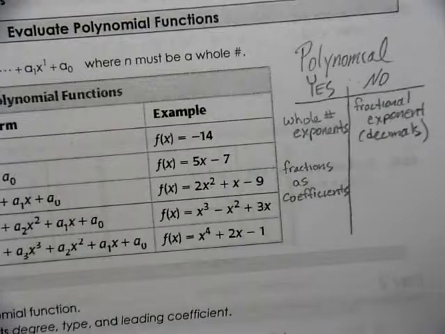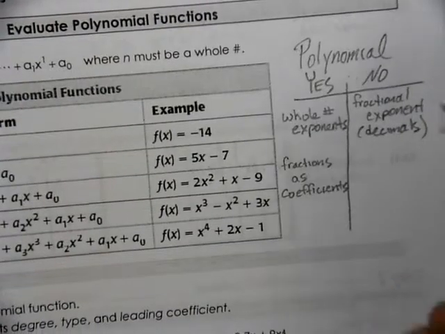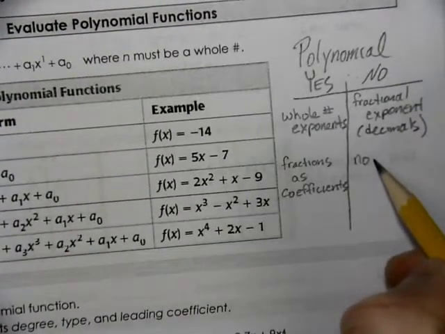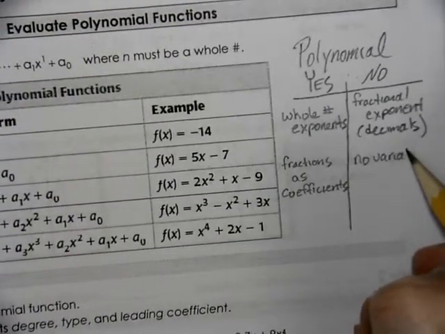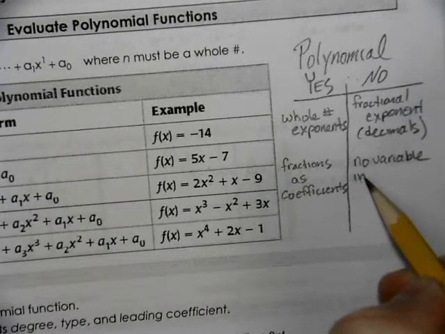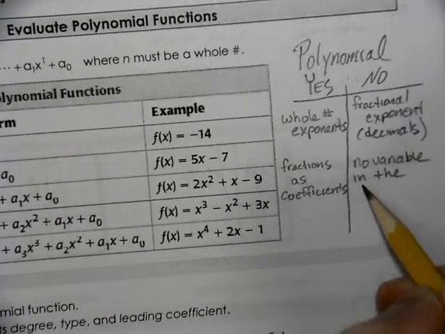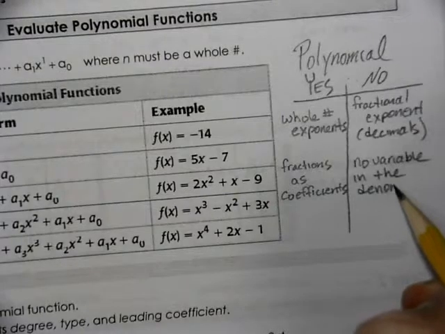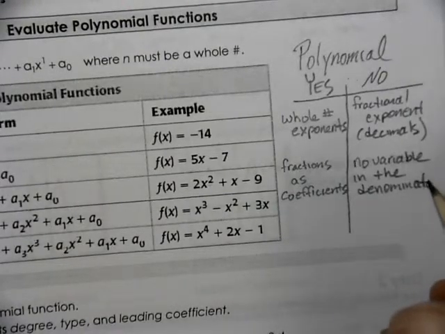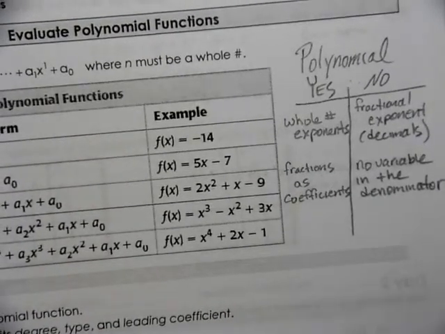That's going to limit what the values of x can actually be. We'll talk about that more in the future. No variable in the denominator, because there would be a limitation to what x could be.